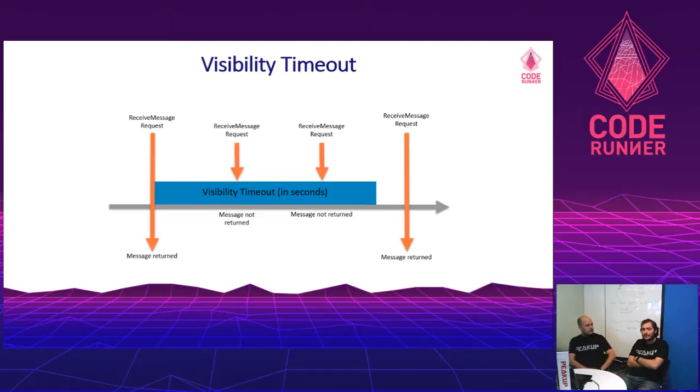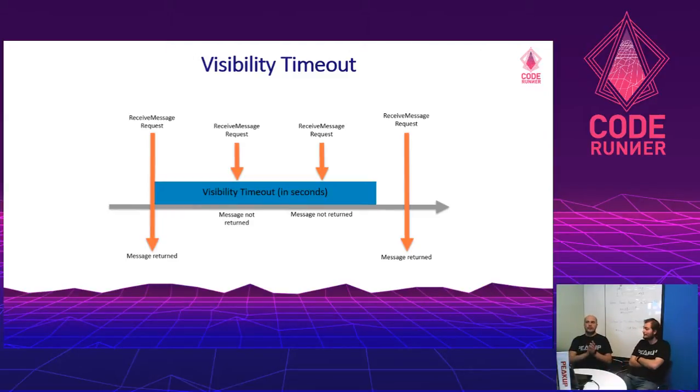If you're going to process that item for about 1 minute, you have to set the visibility timeout to 1 minute. Maybe more than 1 minute. Yeah, 1.5 maybe. Because the other clients should not see that message while you're processing it. So it's an important setting.